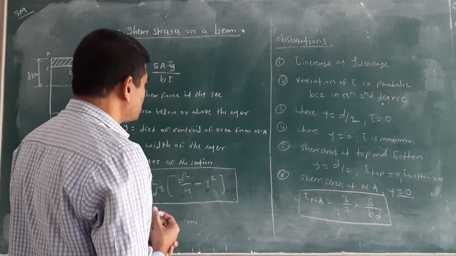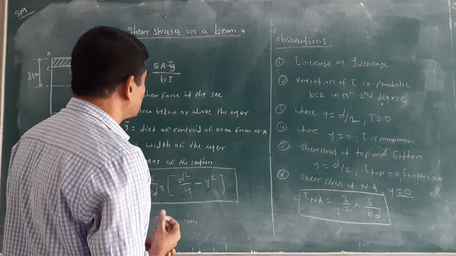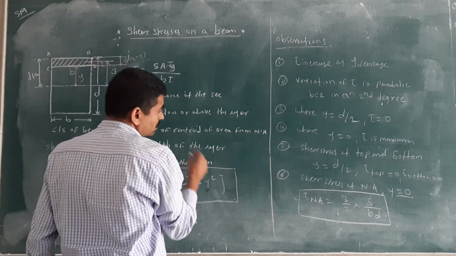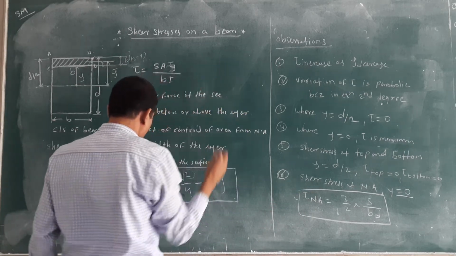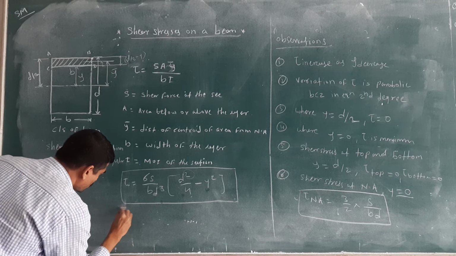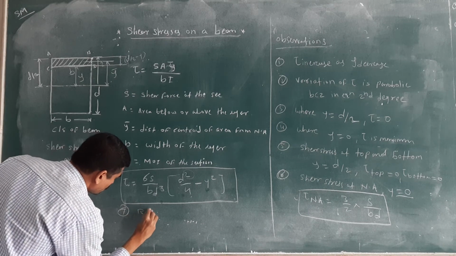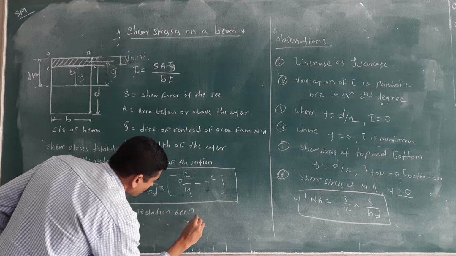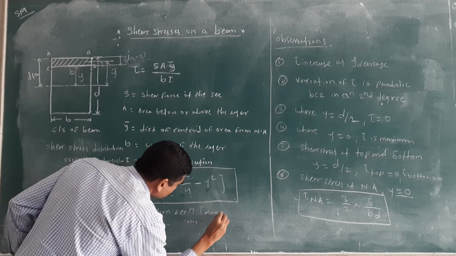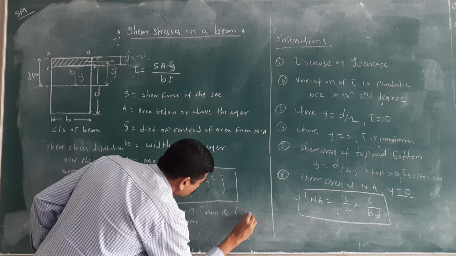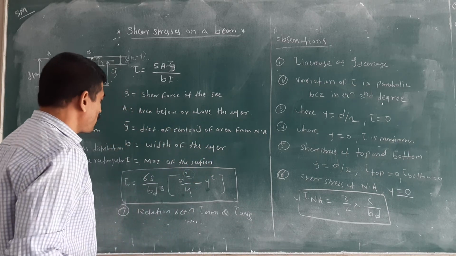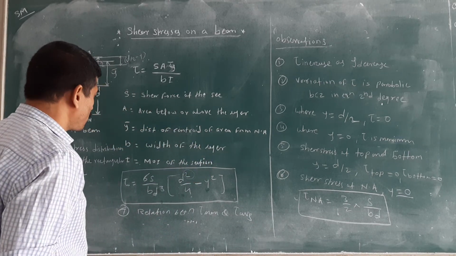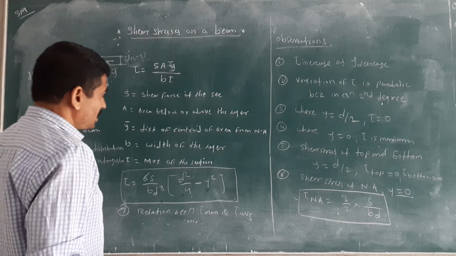And what is the relation between tau max and tau average? The next one I will write here: the relation between tau max and tau average. So what is tau average?